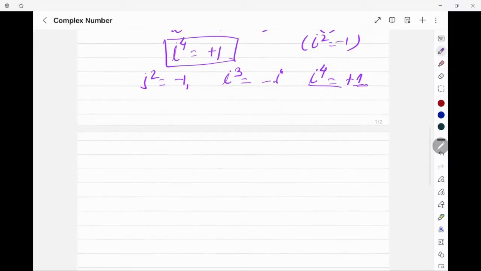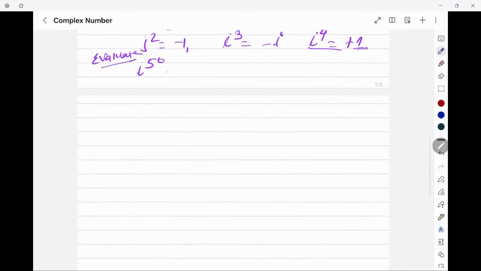First example: evaluate i to the power 50. You should first factorize 50 as 4 times 48 plus something, because the dividend is equal to 4 times the quotient plus the remainder.